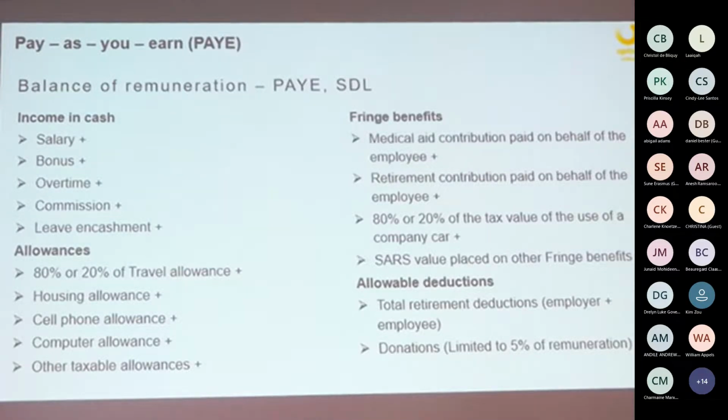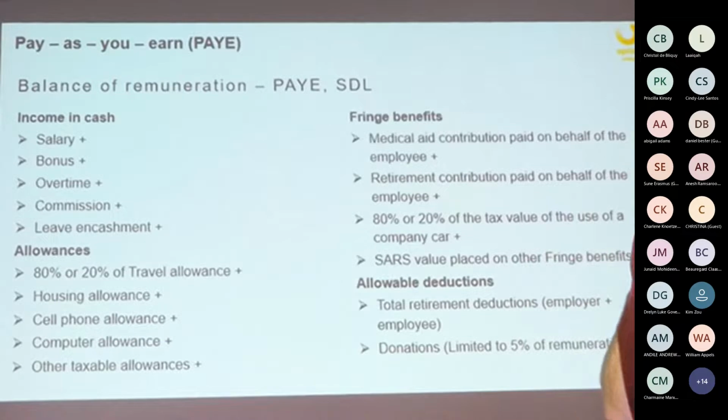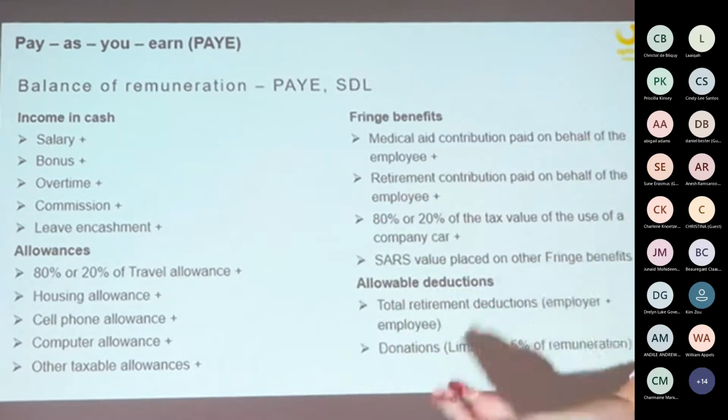Then you include your fringe benefits. There are a lot of them, but the most common fringe benefit is the medical aid fringe benefit. That is where the employer pays your medical aid on your behalf, or the employer contributes towards your medical aid. It doesn't have to be all of it, it can be a part.